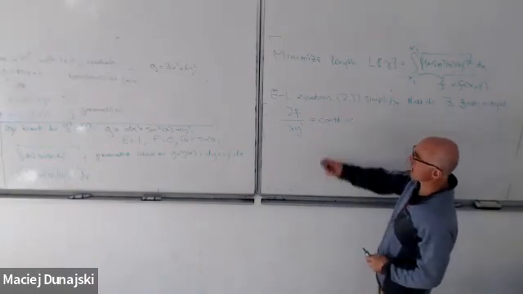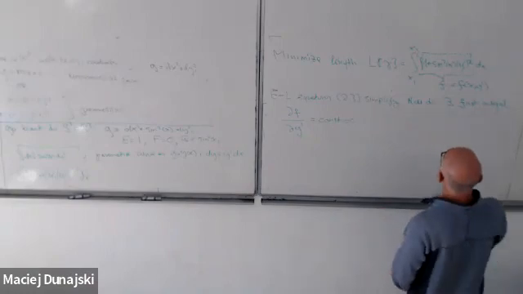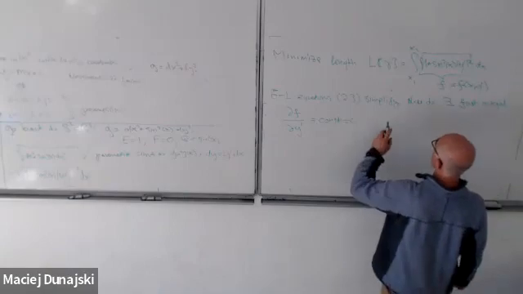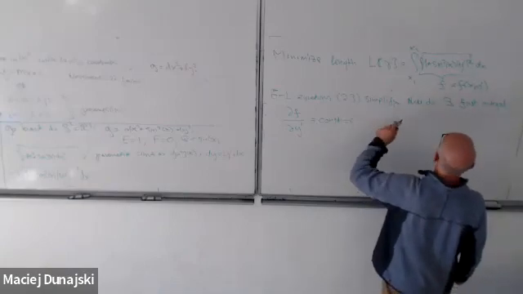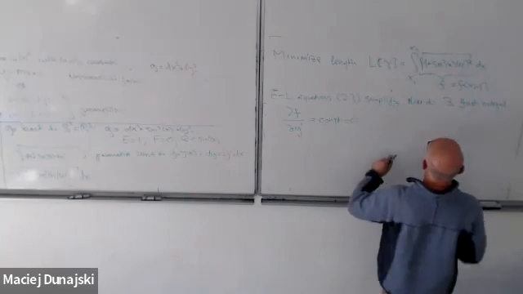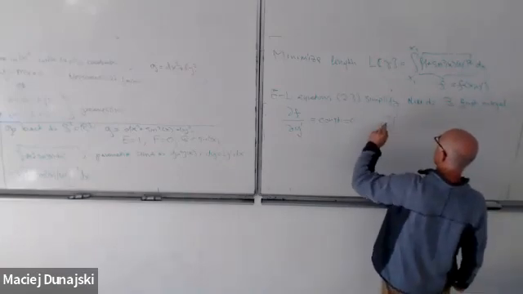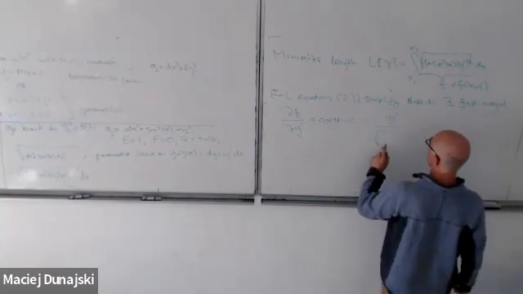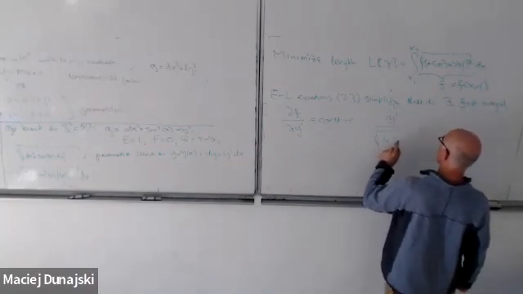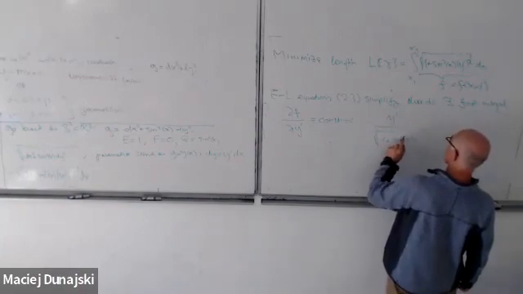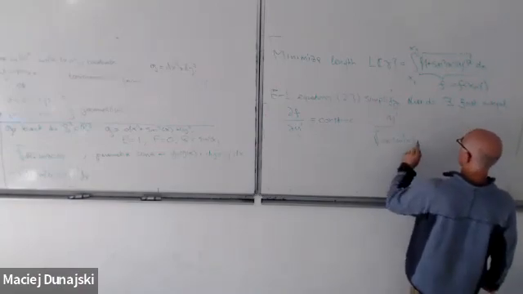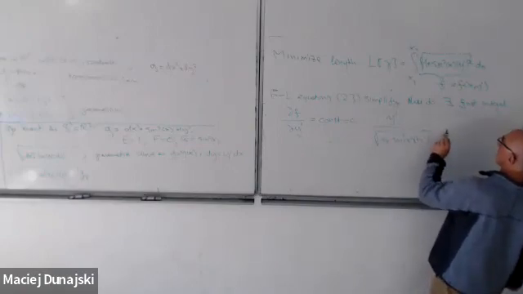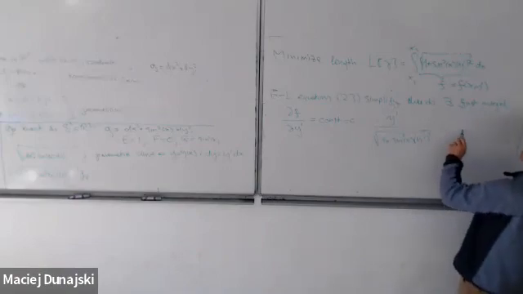That's a constant if f doesn't have explicit y dependence. So what happens in our case? We need to differentiate with respect to y prime. So we get y prime divided by square root of 1 plus sine square of x y prime squared, equal to c.